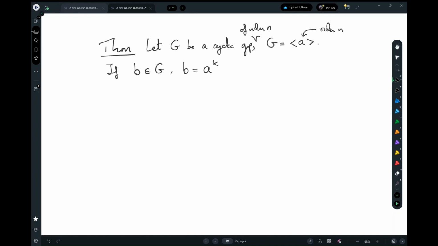What I want to know is what orders are possible in this group. So A has order n, but what about B? What is the order of B?